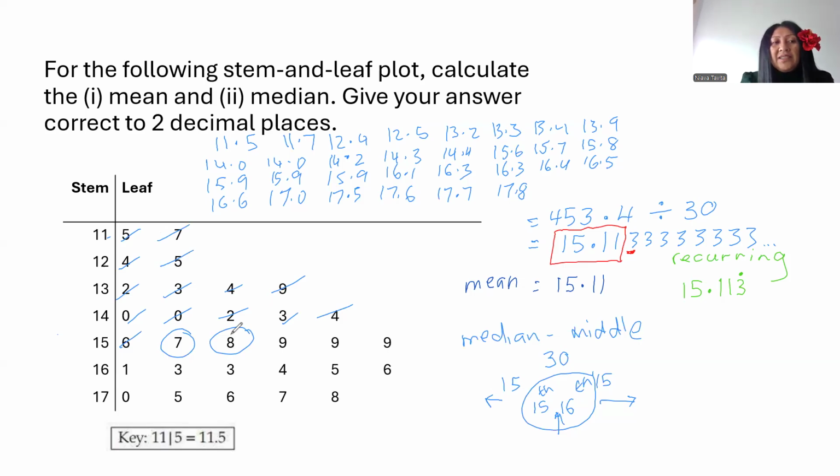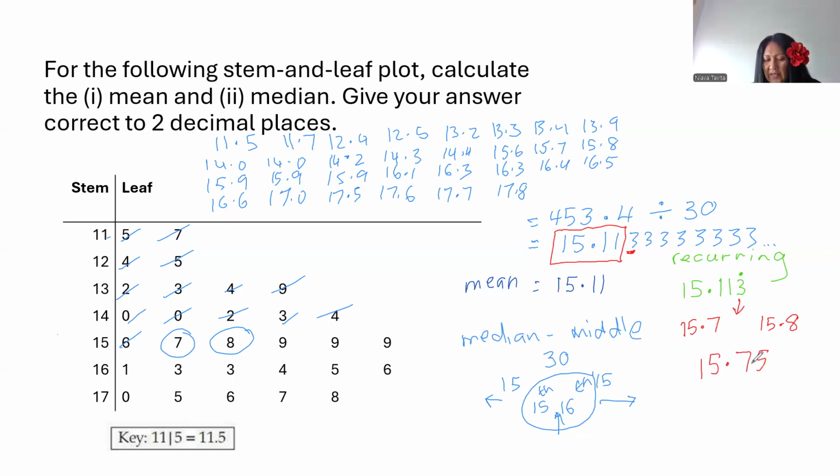And in fact, this should read 15.7 and 15.8. So we can find the average of these 2 numbers, or we can find the midpoint. So the midpoint, or halfway between these 2 numbers, should be 15.75.